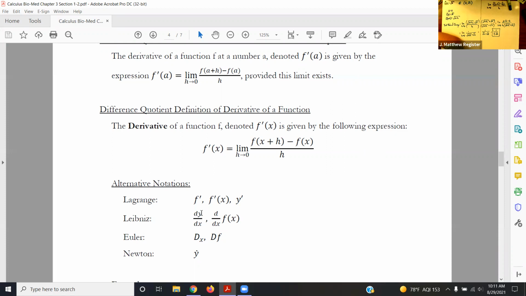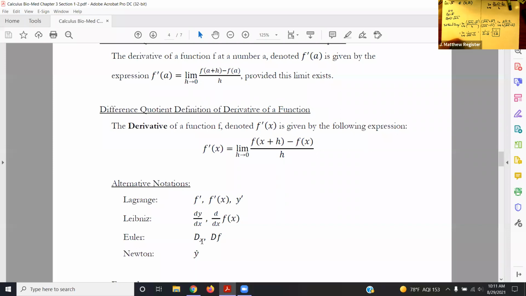The idea being that this is a rate of change. This is a slope. And so this is really a ratio of rise over run. And we can treat it as a rise over run in certain circumstances. Euler had a notation which, it works. This is getting more into the idea of operator theory, using a capital D to represent it.